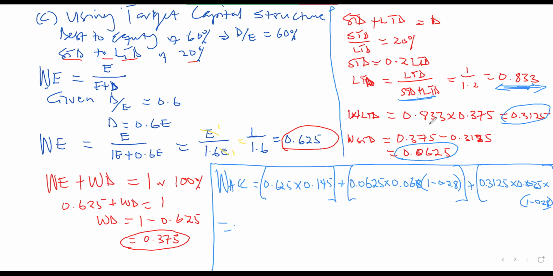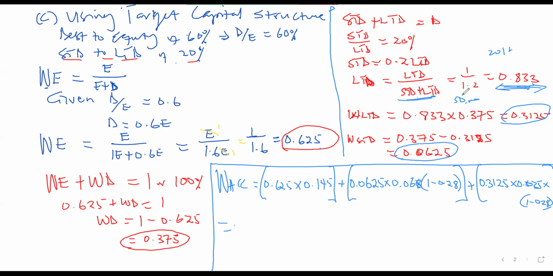But if this was, let's say, a value, say long-term debt was 20,000 and total debt was 50,000, then that one you have to divide.